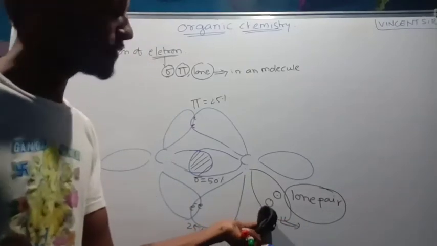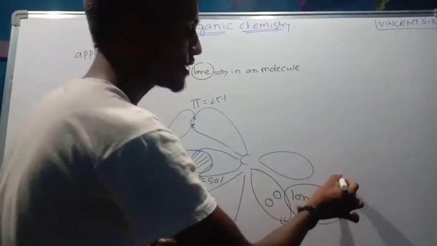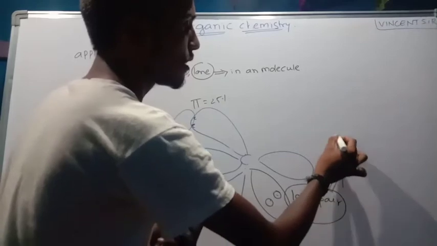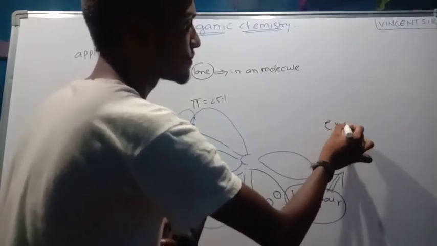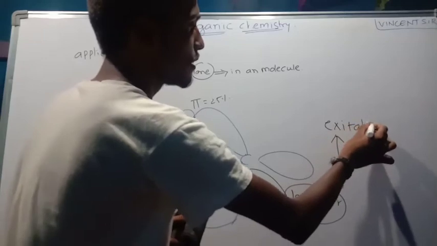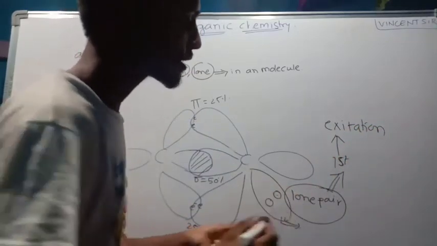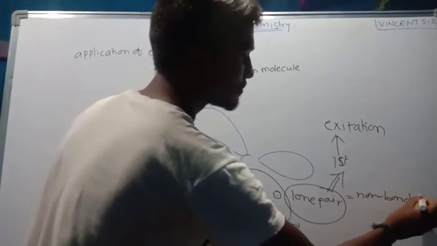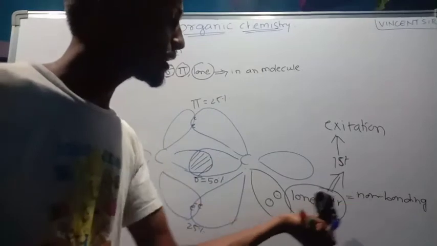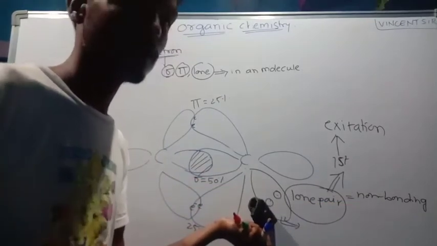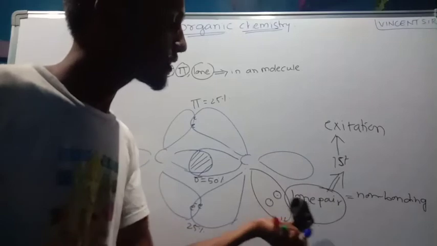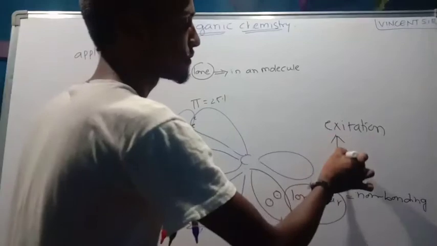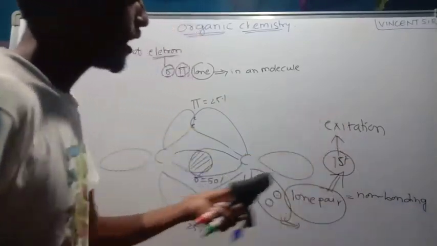When you apply very little energy, these first undergo excitation, because these are non-bonding lone pair of electrons, also known as non-bonding electrons. If they are not involved in bonding, they are free. When there is interaction of light with these electrons, these lone pairs undergo excitation first.